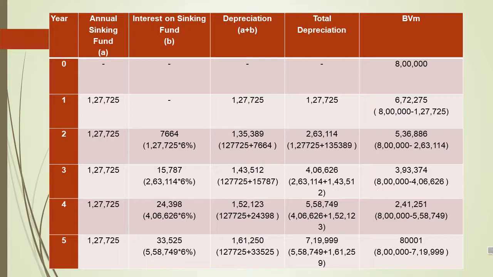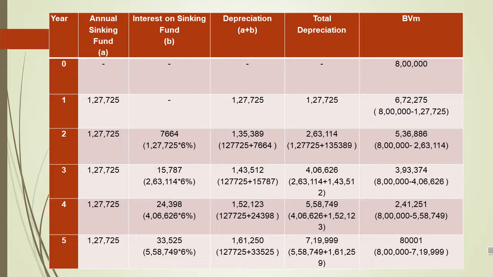Next you have to calculate total depreciation, that is A plus B plus the total depreciation of the previous year. So 5,58,749 plus 1,61,250. My answer will be 7,19,999. Now you have to calculate BVM for the last year.